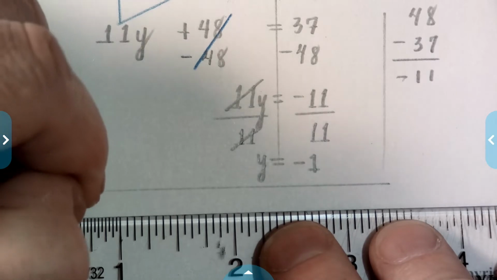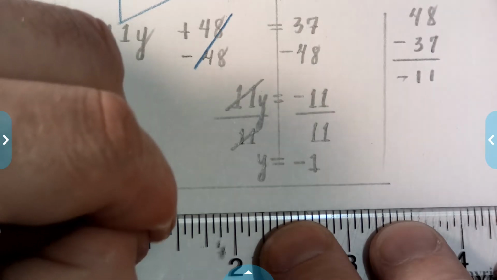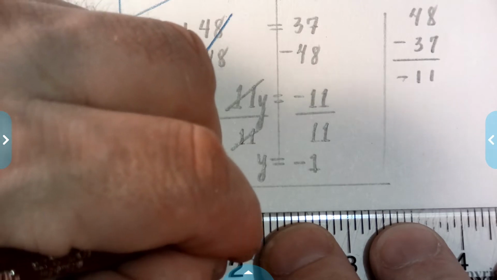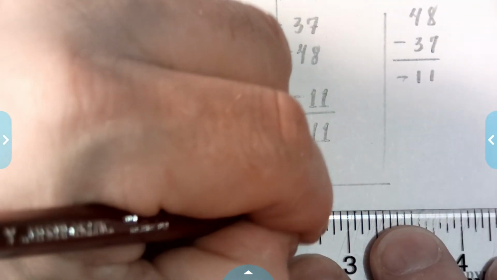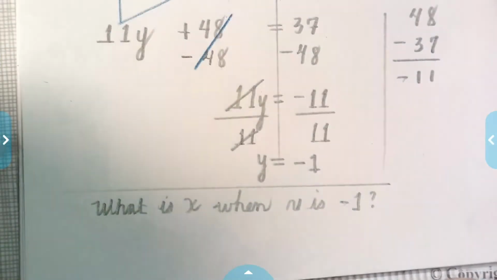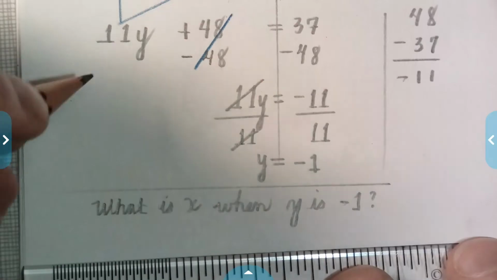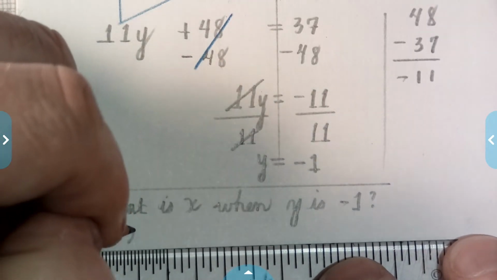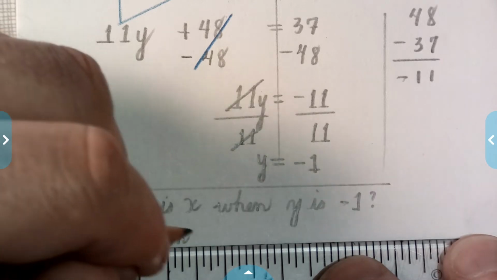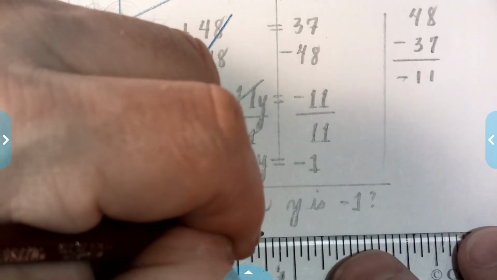My question is, what is x when y is negative 1? Okay? And we've got that given equation. So we're given that x equals 2y plus 6.